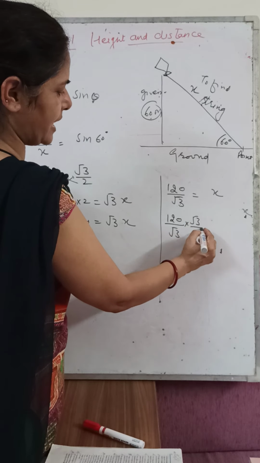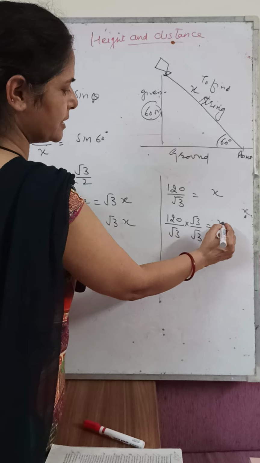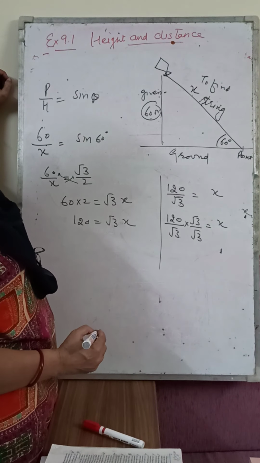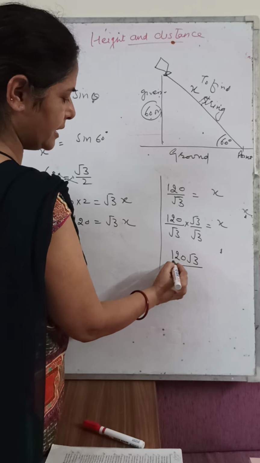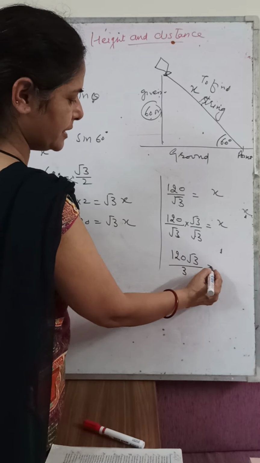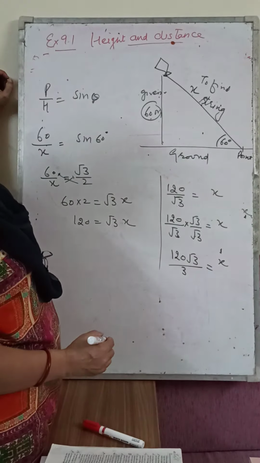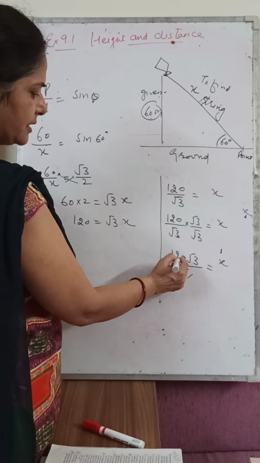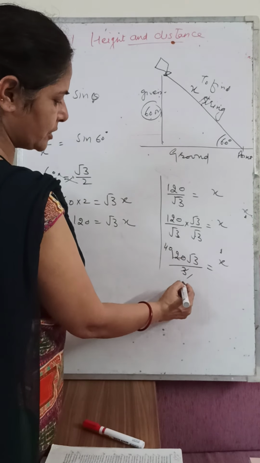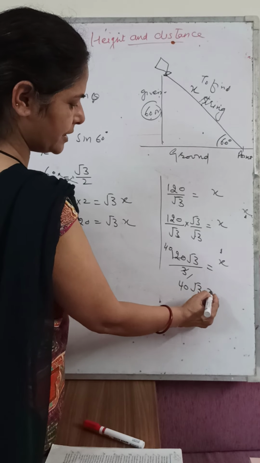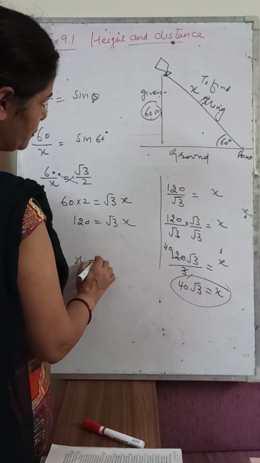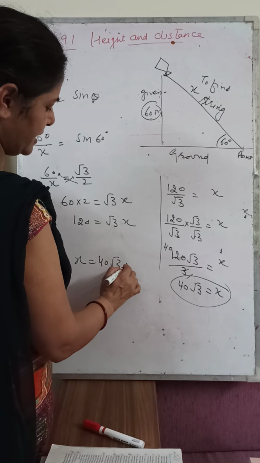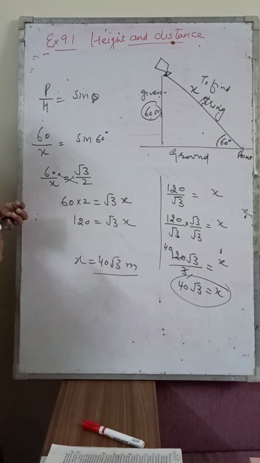Multiply by root 3 and divide by root 3 is equal to x. 120 root 3, this will come out to be 3, is equal to x. 3 ones are 3, 3 forties are 120, so 40 root 3 is equal to x. So your x is equal to 40 root 3 meter.